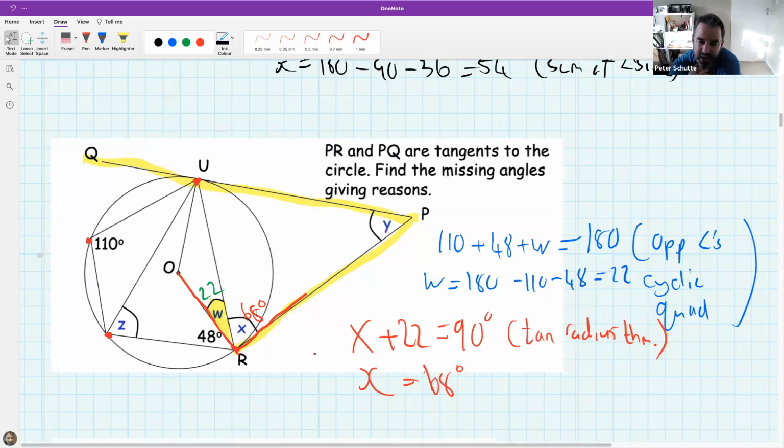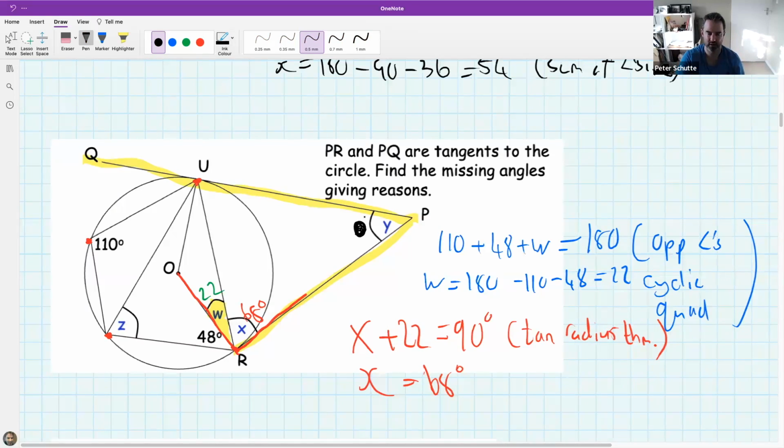Which one should we go after next? Y. Okay, let's go off Y. We want to try and get this one here. What do you think Y is?